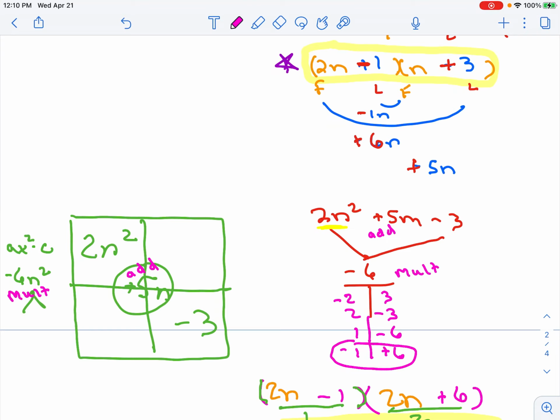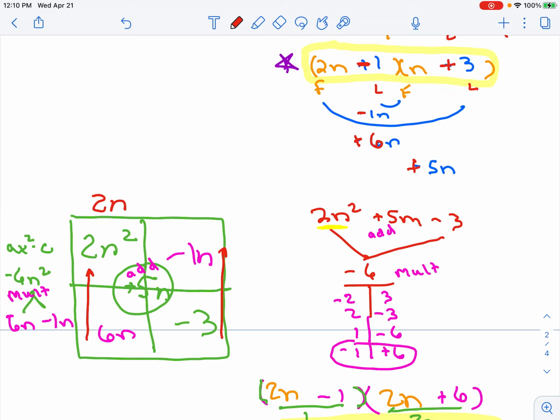Since I already did that, I know that it's going to be 6n and negative 1n. Those are my factors. So I put them in here. And then in this model, what I have to do is factor out a GCF from each row and column. If I factor out a GCF from this row, that would give me 2n.